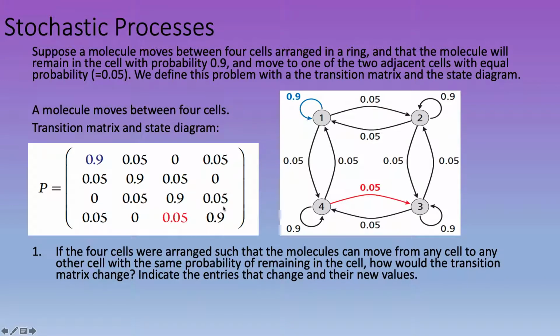Right off the bat, you could consider how this matrix would change. If now I can suddenly go to any of these cells, which probability would have to change? Well, it's going to have to be this one. You would now add in the arrows that allow me to go from 1 to 3, from 3 to 1, from 4 to 2, and from 2 to 4.